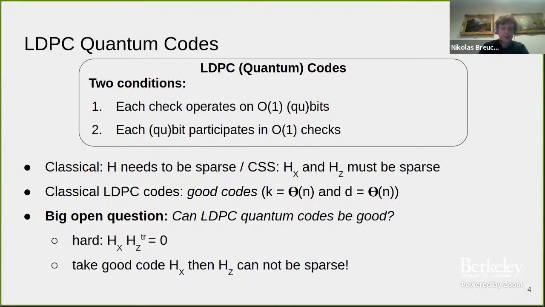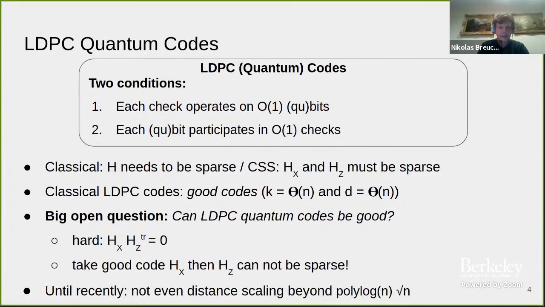Then because of this condition, we see that the rows of the Z checks, which have to be in the kernel of the X checks, cannot have low support, and therefore HZ cannot be sparse. And to add insult to injury, until recently, it wasn't even clear whether we could have distances scaling beyond polylog n times square root of n.